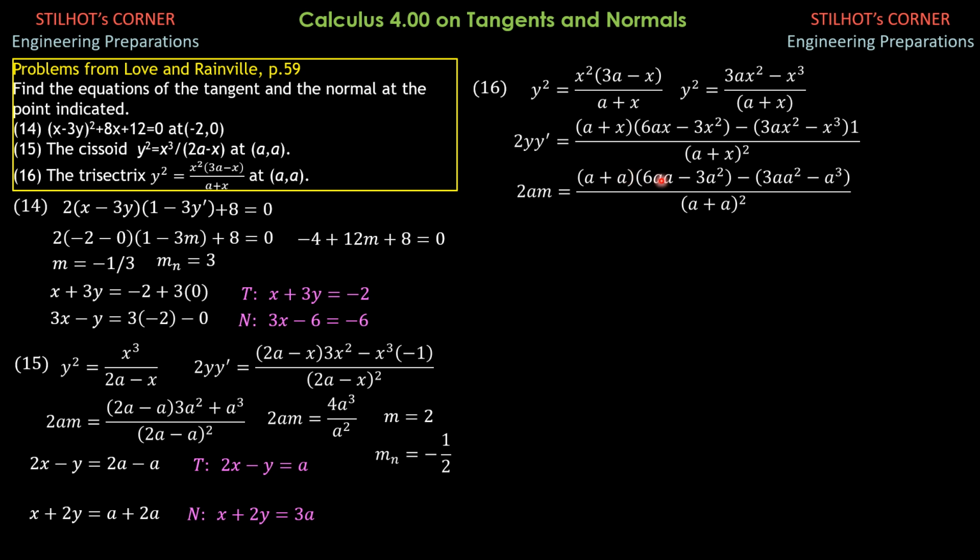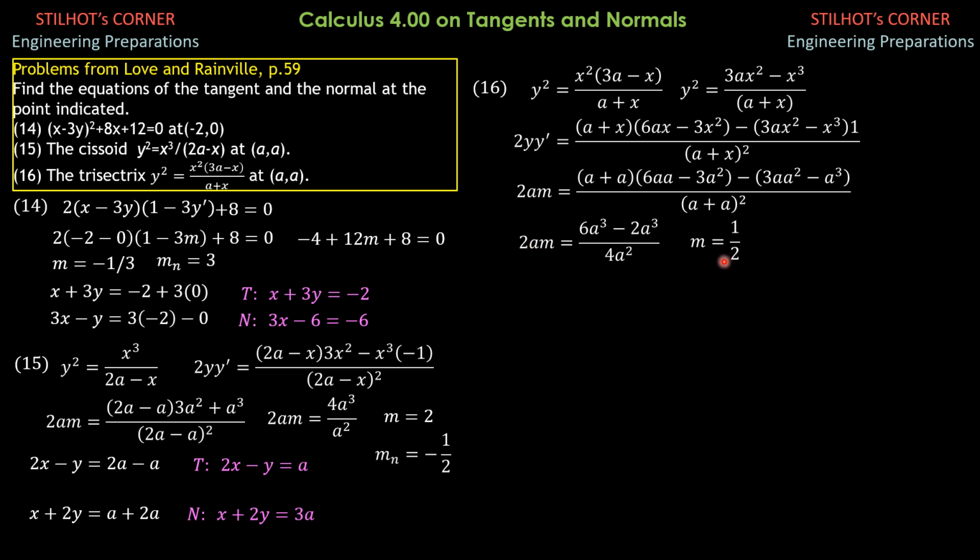So this is 2a times 3a^2, so 6a^3, minus 2a^3, all over 4a^2. So 2am = (6a^3 - 2a^3)/4a^2 = 4a^3/4a^2, so the slope of the tangent is a divided by 2a, so 1/2.